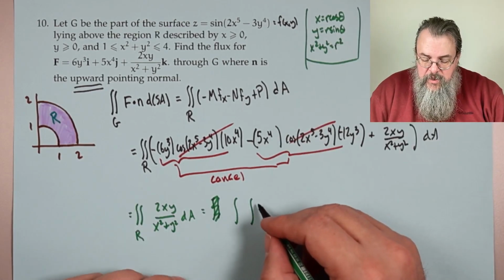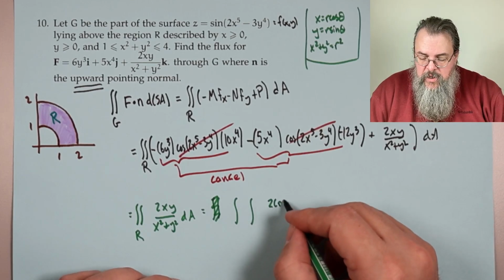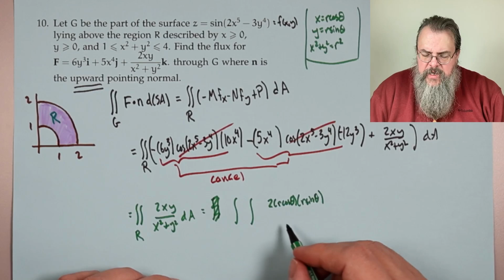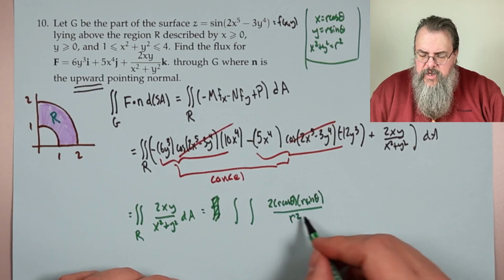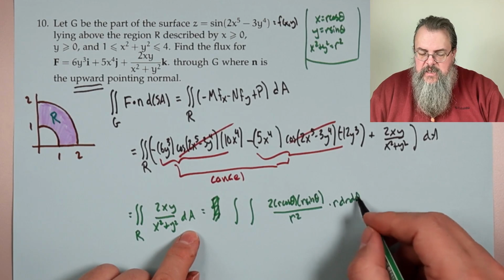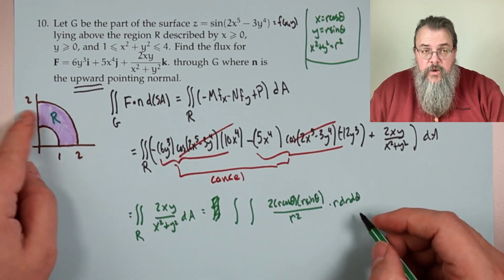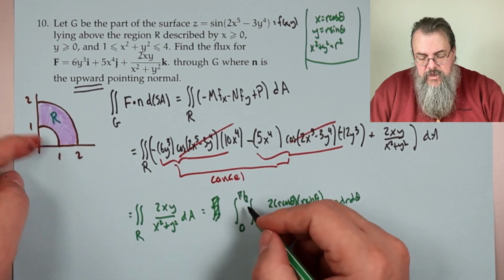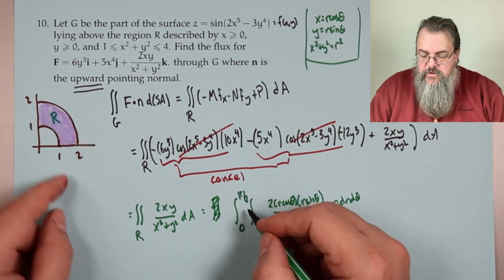So we have 2 r cosine theta, r sine theta, over r squared, and then dA is r dr d theta. Theta is only in the first quadrant, so that's from 0 to pi over 2, right? So 0, pi over 2.